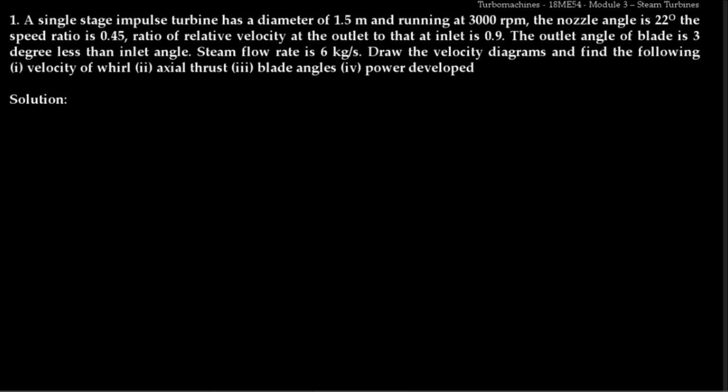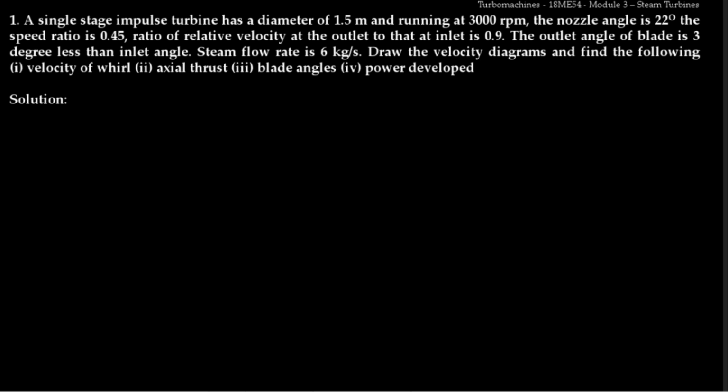Okay, this has a diameter of 1.5 meter. They have not mentioned whether this is the mean diameter, diameter at the root, or the tip, but let us consider this as the mean diameter. So the mean diameter of the turbine is 1.5 meter and the turbine is running at 3000 rpm.